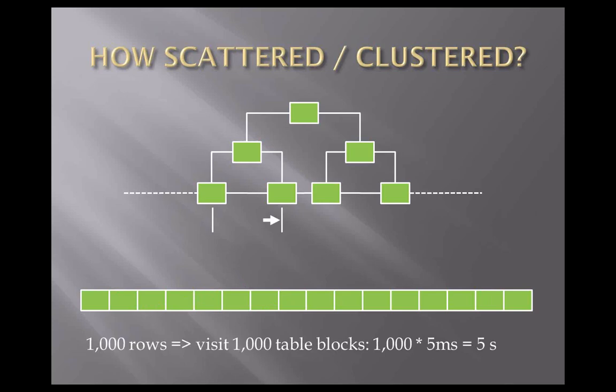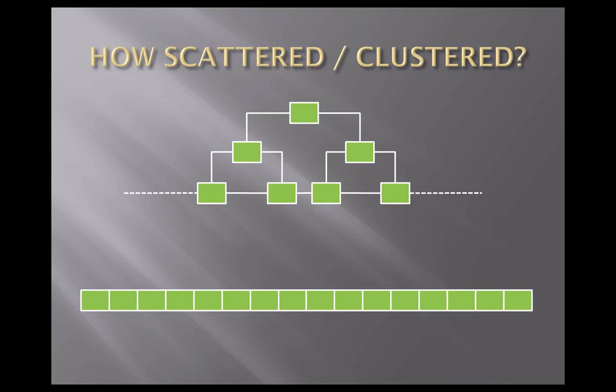And if I have the worst case that these table blocks have to be read from disk, and I assume a typical random access time of 5 milliseconds, then I end up with an estimated runtime only for these 1,000 random table block accesses of 5 seconds. So that's just 5 seconds for accessing these 1,000 random blocks.